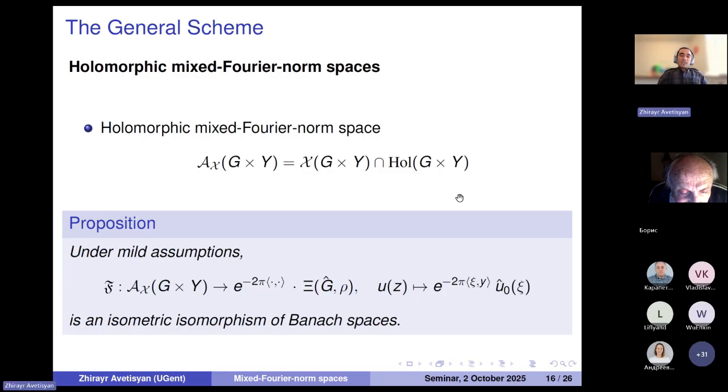So this gives you a Banach space Xi of holomorphic elements in the mixed Fourier norm space, and it immediately gives you a nice parametrization of holomorphic elements among mixed Fourier norm space elements in terms of its half Fourier transform, because it's parameterized in a bijective way by the elements of this weighted Banach space Xi on G hat.